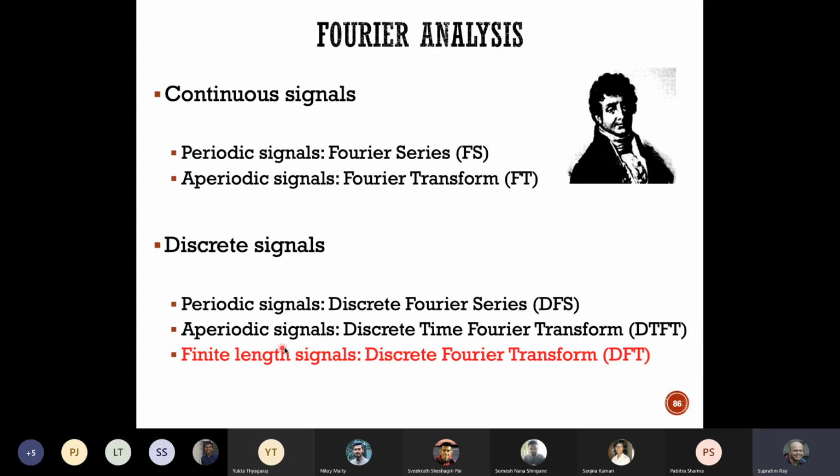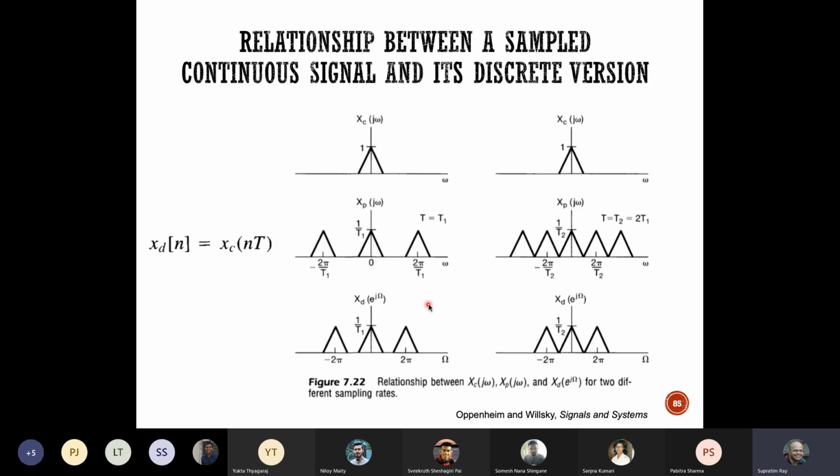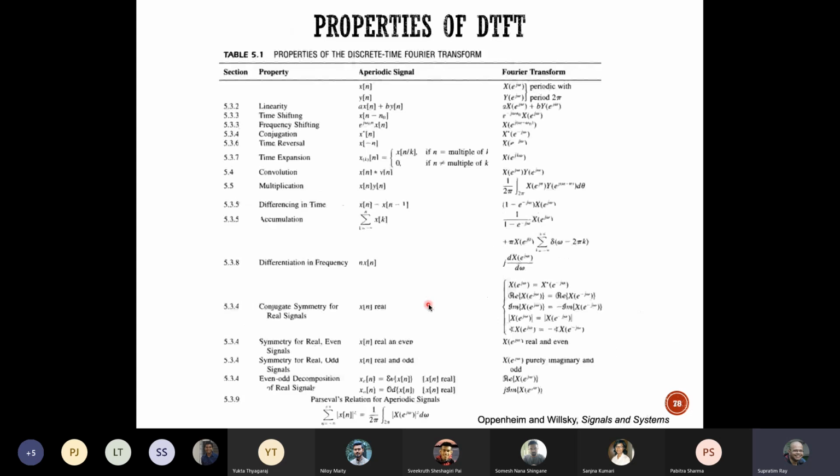Now, the advantage of having a periodic signal is that the discrete Fourier series coefficients only have N terms. It's the same number of terms as the number of samples in the original signal. Remember this. Let me just go back here. This is what I'm talking about.